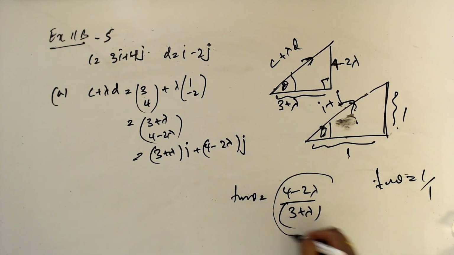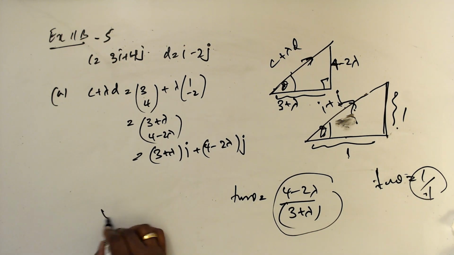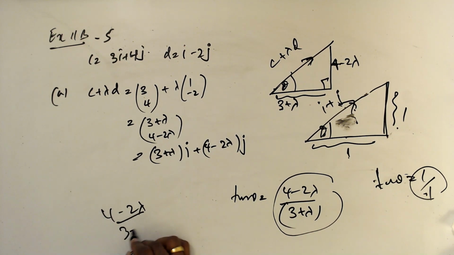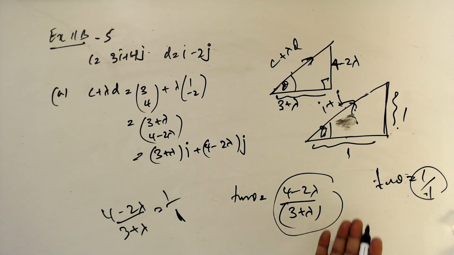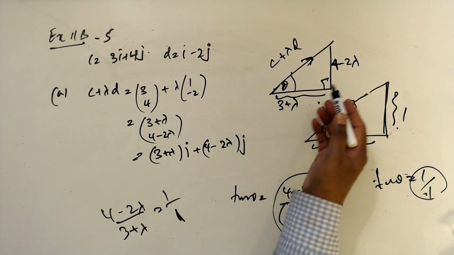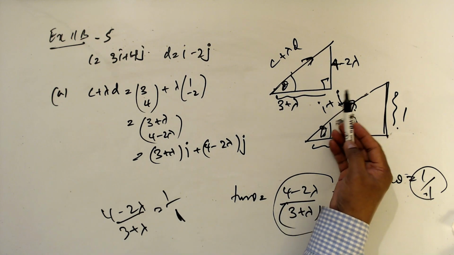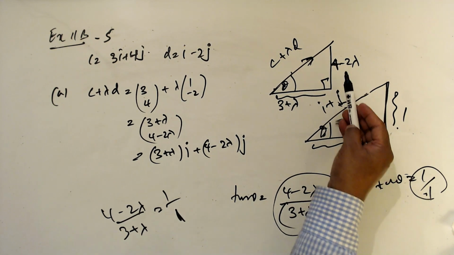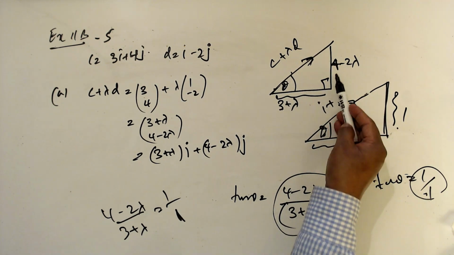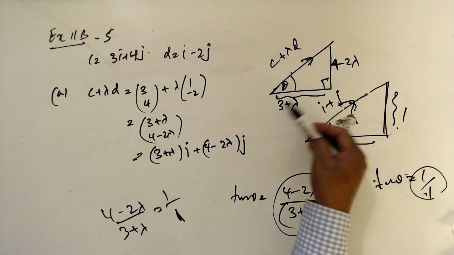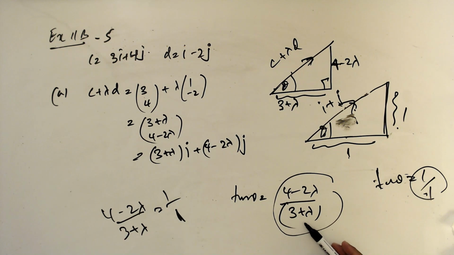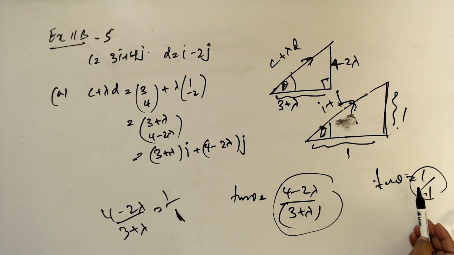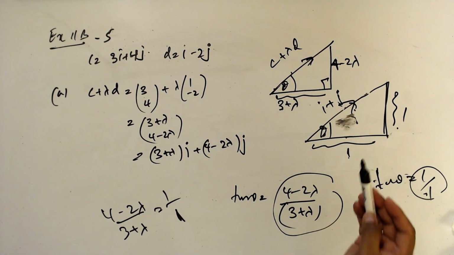Those two should be equal. In normal standard words, this is the gradient, change in y over change in x. Parallel means the gradient should be equal.